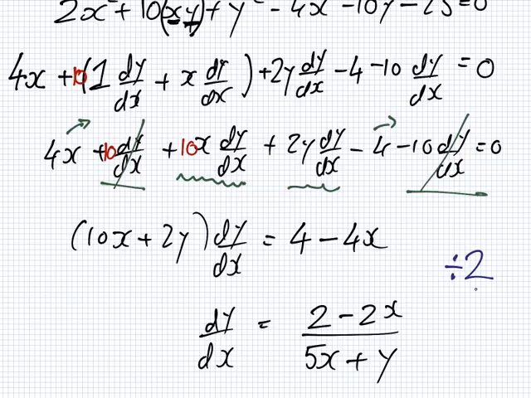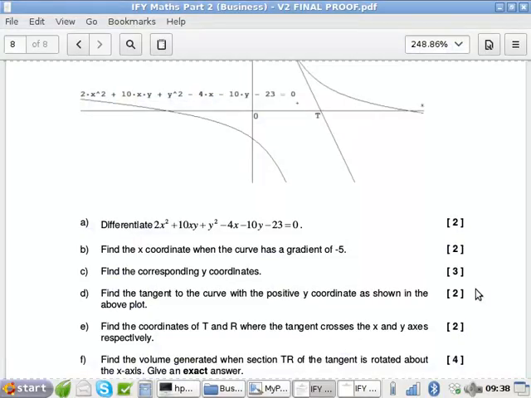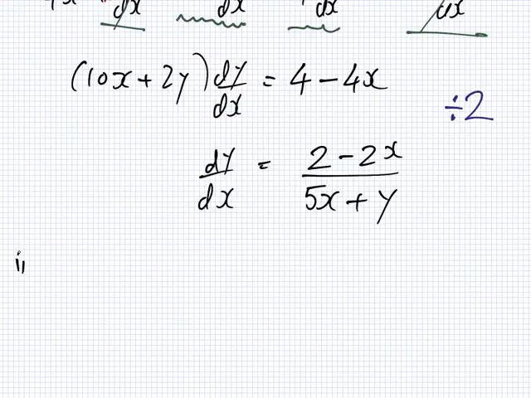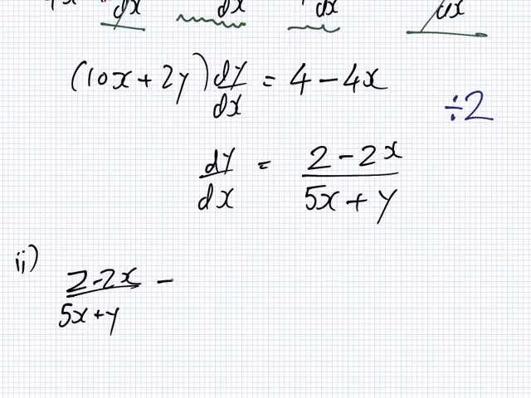So, Malik, the next part. Find the x-coordinate when the slope is minus 5. Yeah. So let's see what we get. For part 2, they want to know what is x if this equals minus 5.